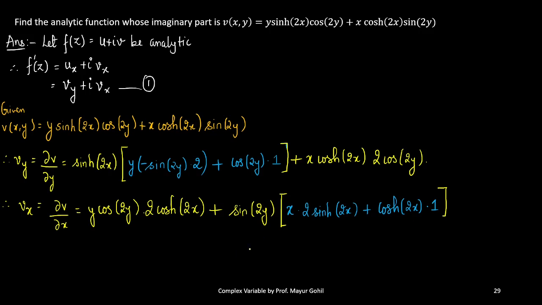Now what we do is the labeling part and the standard procedure. We write down these as vy. In formula number 1, it is the first partial derivative, so we label it as psi 1 of x, y.